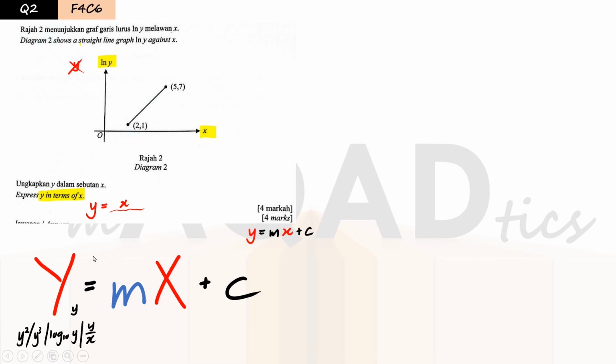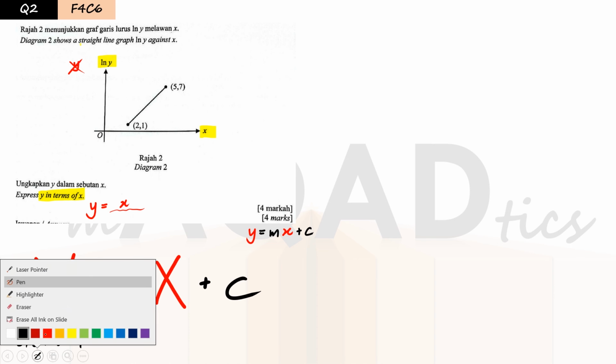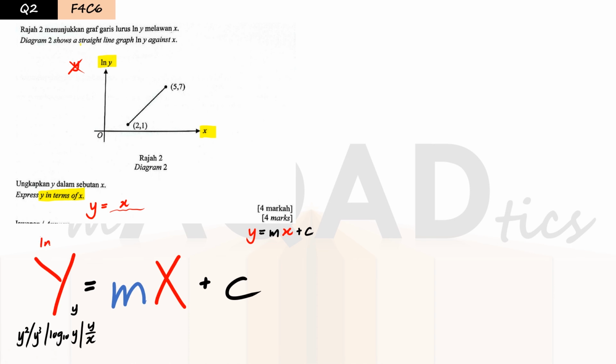Alright, so we need to figure out what is Y, M, X, and C here. So big Y here is the y-axis of this graph, so it's ln y. Alright, ln y. Big X here is the x-axis of this graph, which is small x, and M is the gradient, and C is the y-intercept.